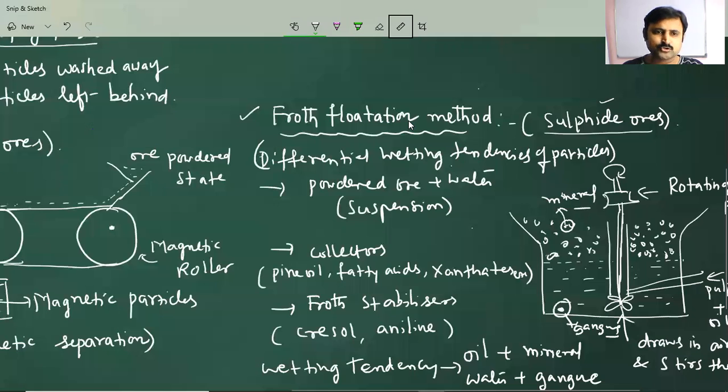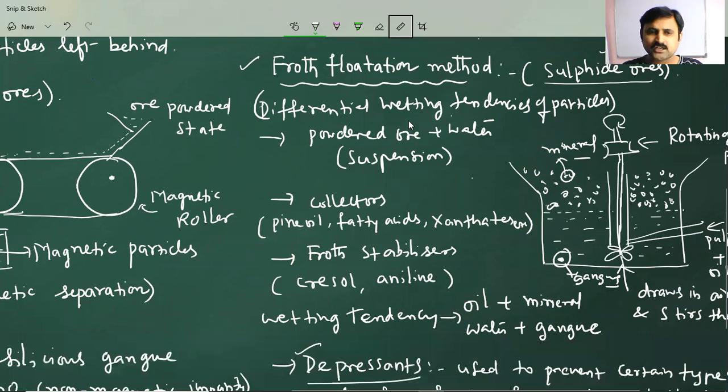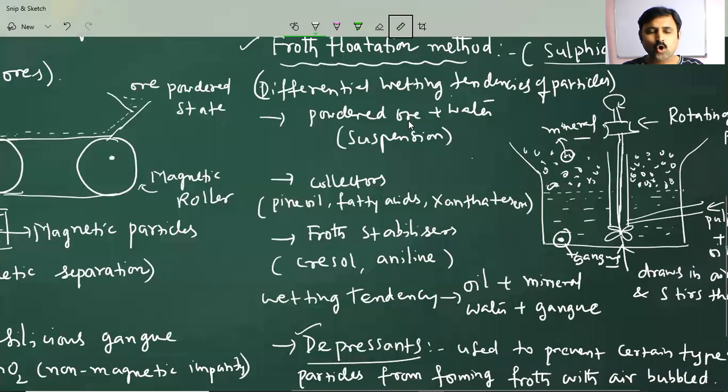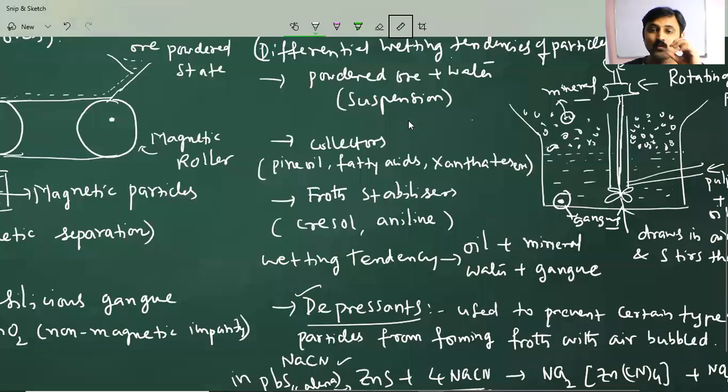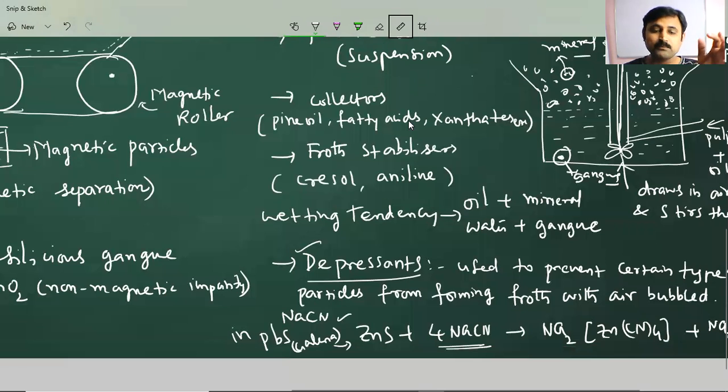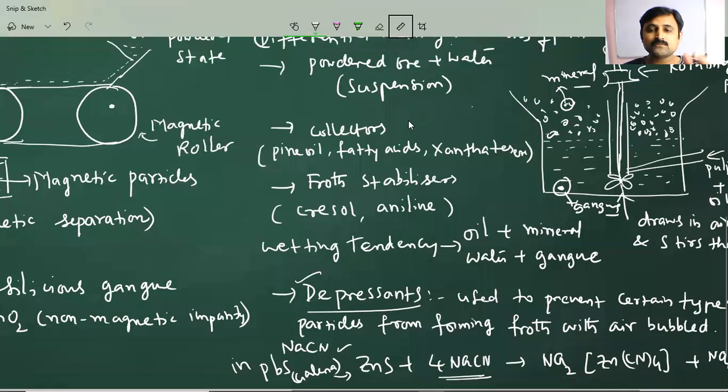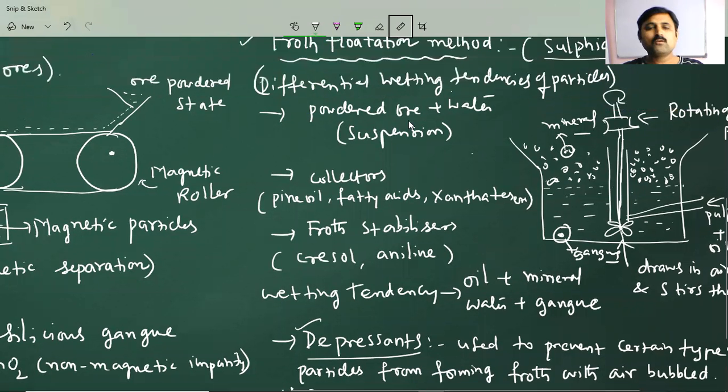Then I introduced the most important board examination topic, froth flotation. In this method, the common standard and important questions are: what are collectors and examples, what are froth stabilizer examples, what is a depressant, what is the role of a depressant, and how the depressant separates two sulfide ores in a given ore concentration method.